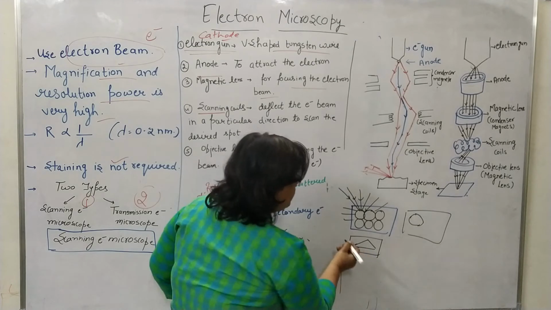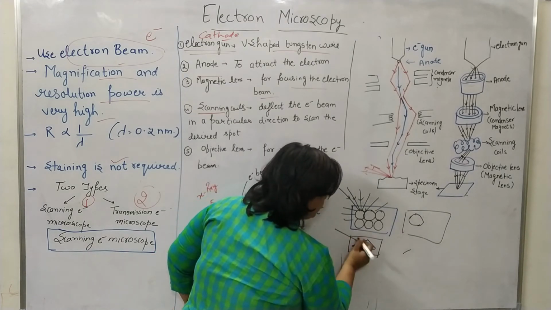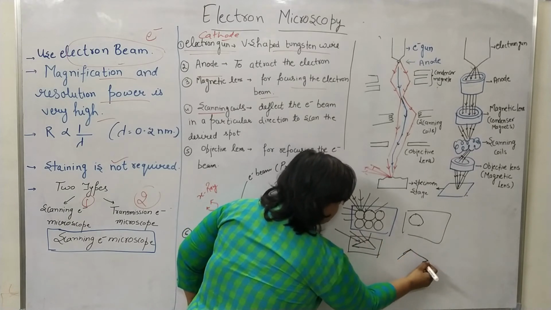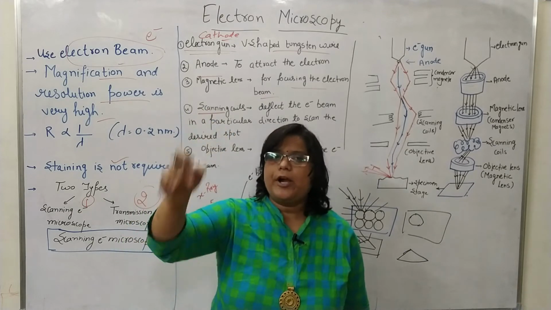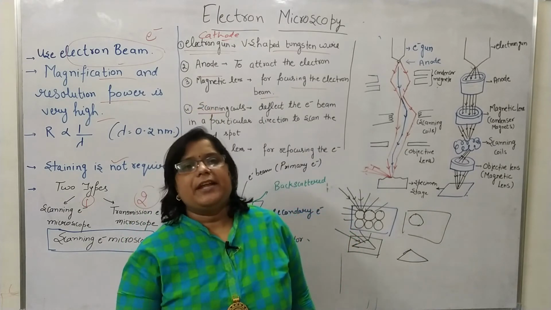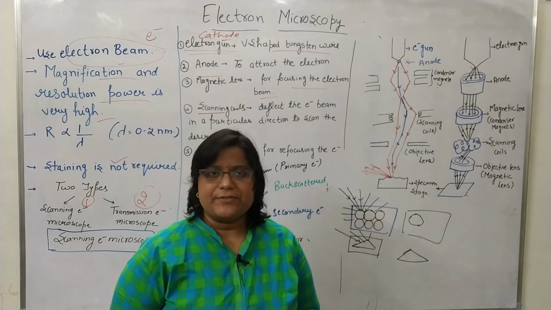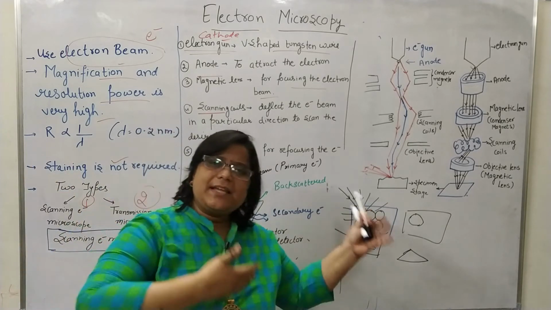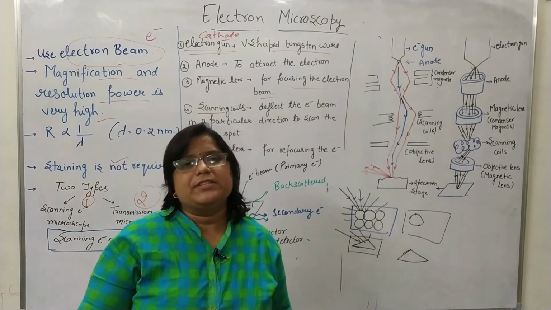When the beam deflects to this side, this part will form, then this side, and the proper point will form. When every corner, every point, every angle interacts, we receive the proper image. So the scanning coil scans each and every part of the specimen.